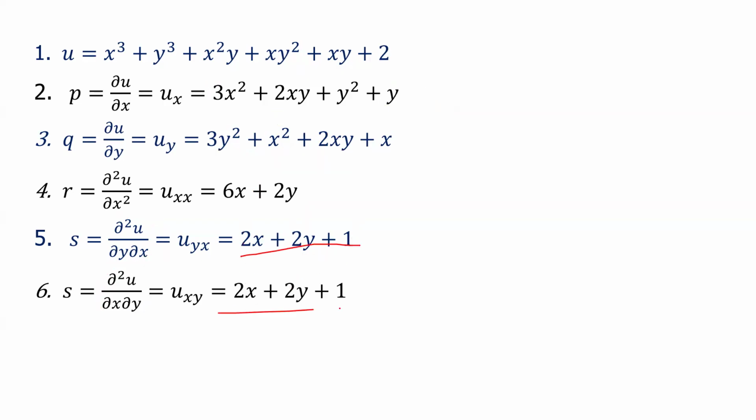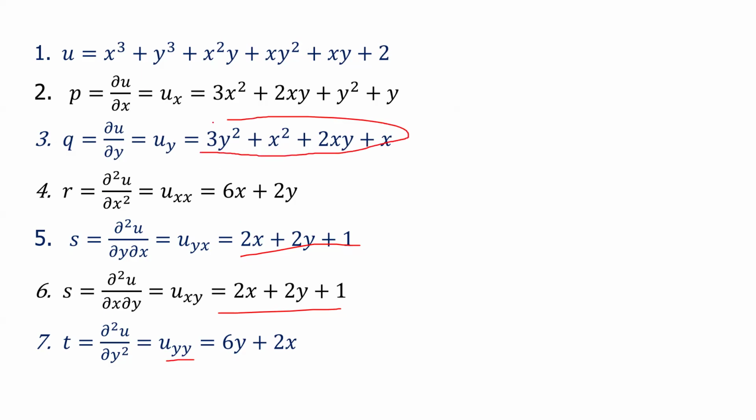And the last one, t, is the second order partial derivative of u with respect to y, given as u y y. We differentiate with respect to y: the derivative of 3y square is 3 into 2y, which is 6y. Derivative of x square with respect to y is 0, this is also 0, and the derivative of y is 1, so we have just 2x.